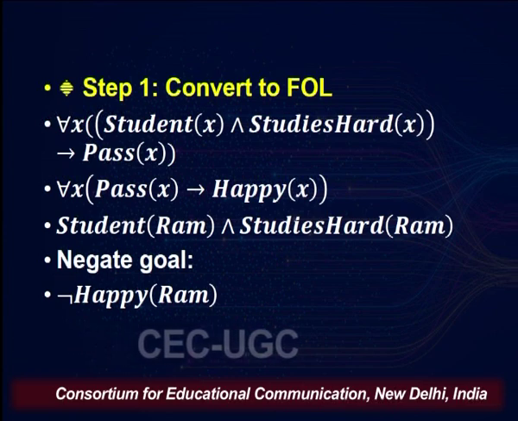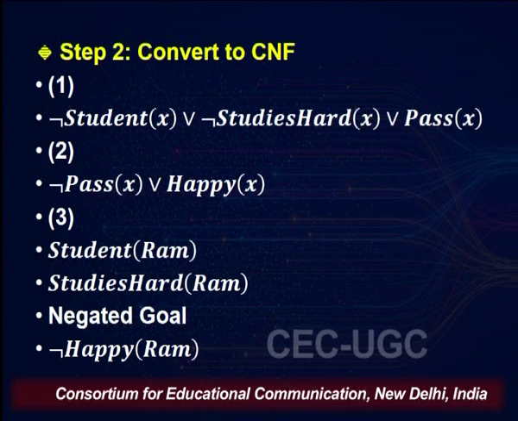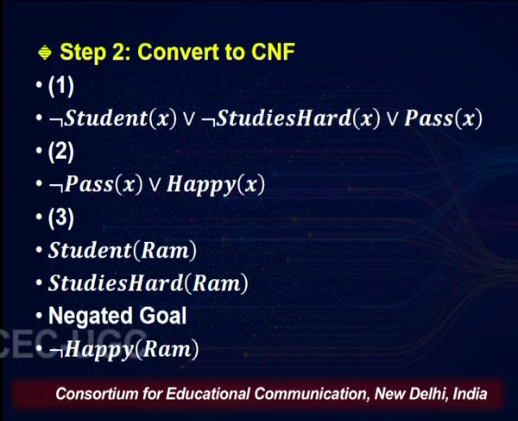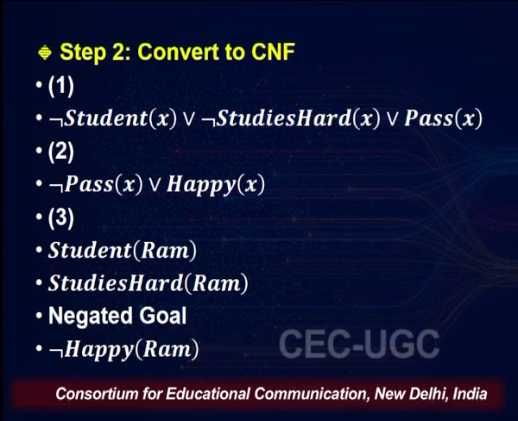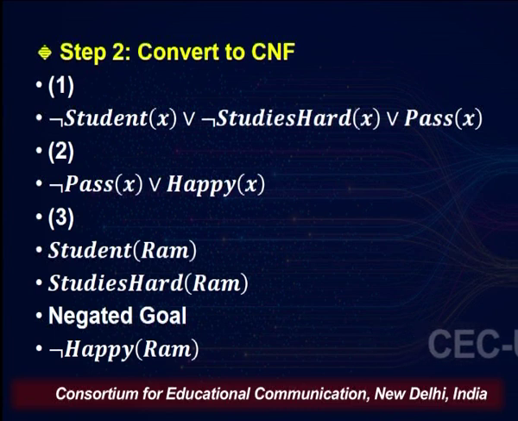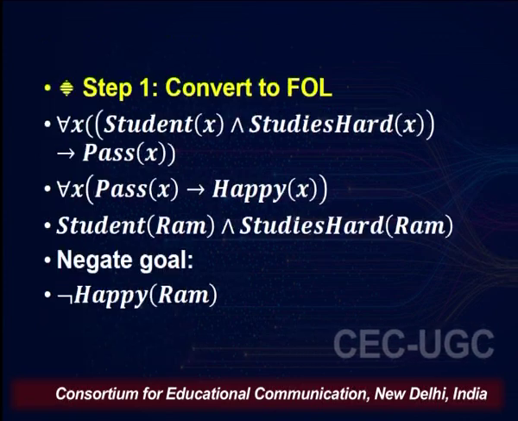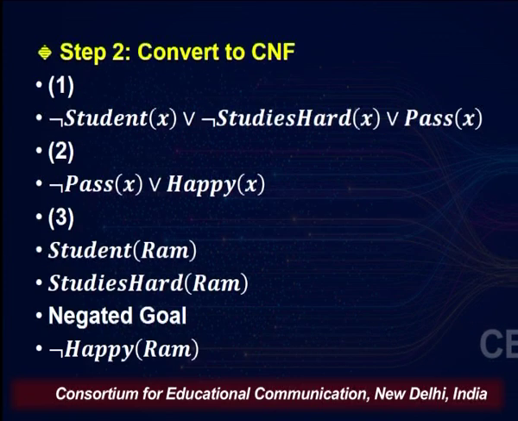Conversion of these FOL statements into CNF gives us negation of student x or negation of studies hard x or pass x. The second one converts into negation of pass x or happy x. The third one is student Ram and studies hard Ram, because that was actually an AND, and it can be broken into two separate clauses, and the negated goal is happy Ram.